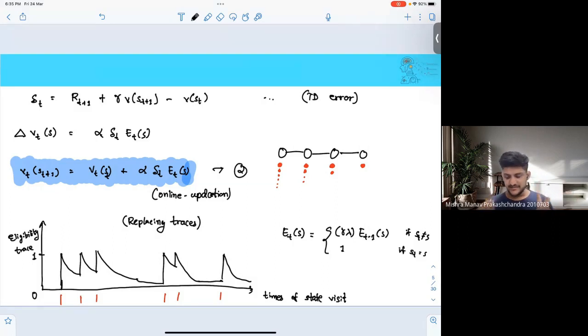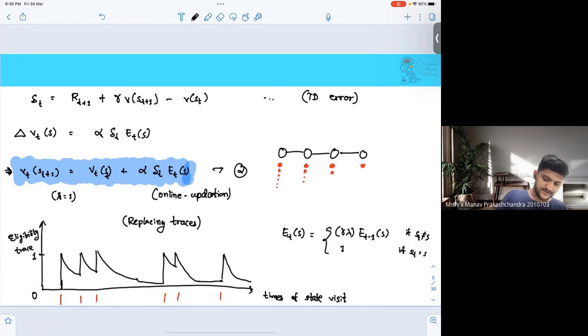Now, just a broad look here. If I were to look at it from a Monte Carlo view, we go back to the eligibility part over here. Take a look at this online updation rule, which is equation 2. When I compute the eligibility, I have a gamma lambda term, right?